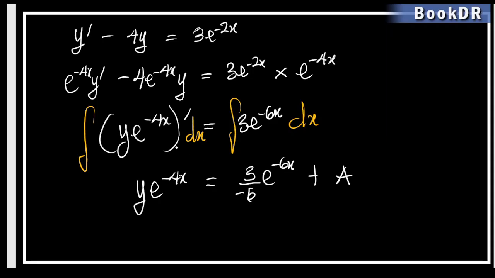Let's simplify the expression further. ye exponent minus 4x will be equal to minus half e exponent minus 6x plus some constant a.